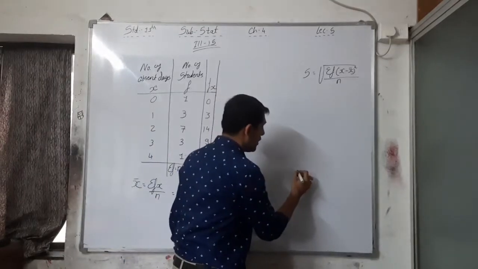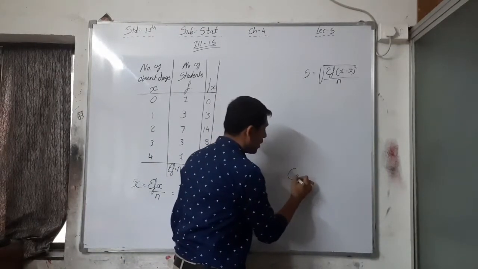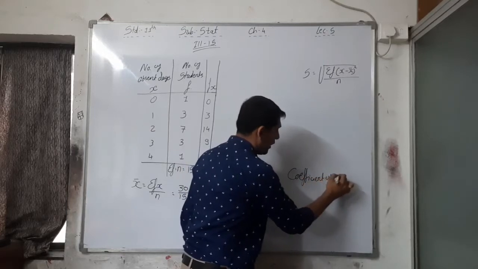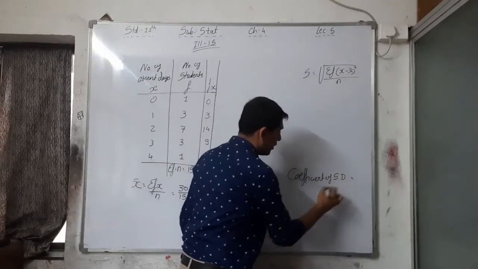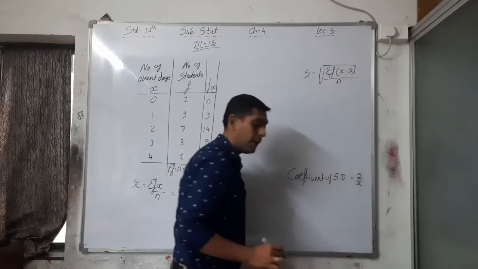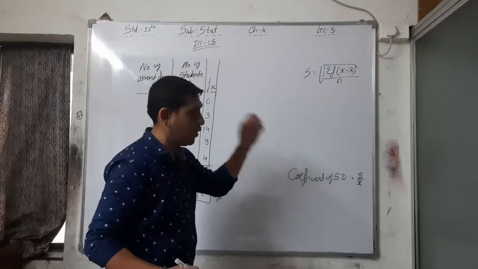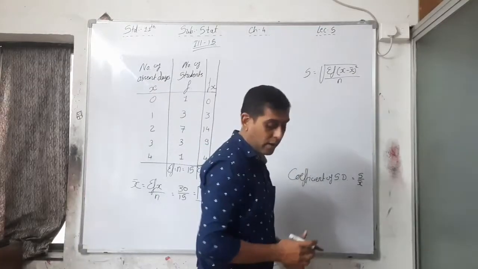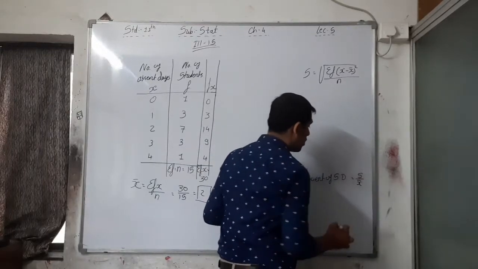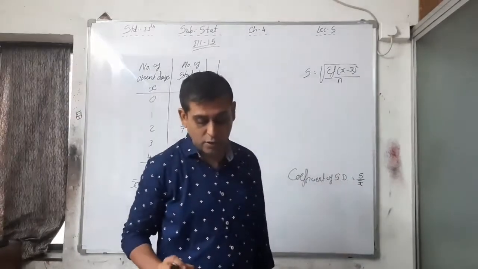Your next question is, you have to find out the coefficient of SD, that is standard deviation, and for that S upon x bar is the formula. So for that we have to find out first S, then x bar, and then divide both, and we can find out the coefficient of standard deviation.